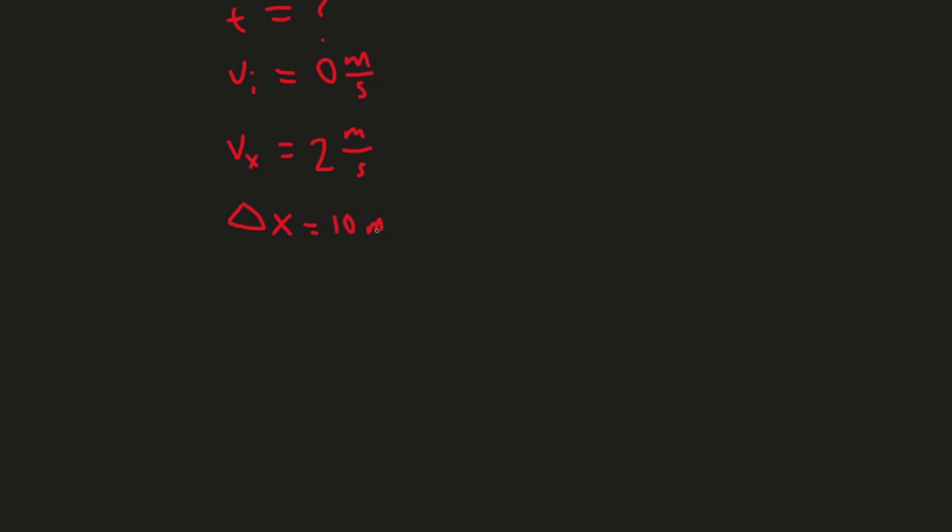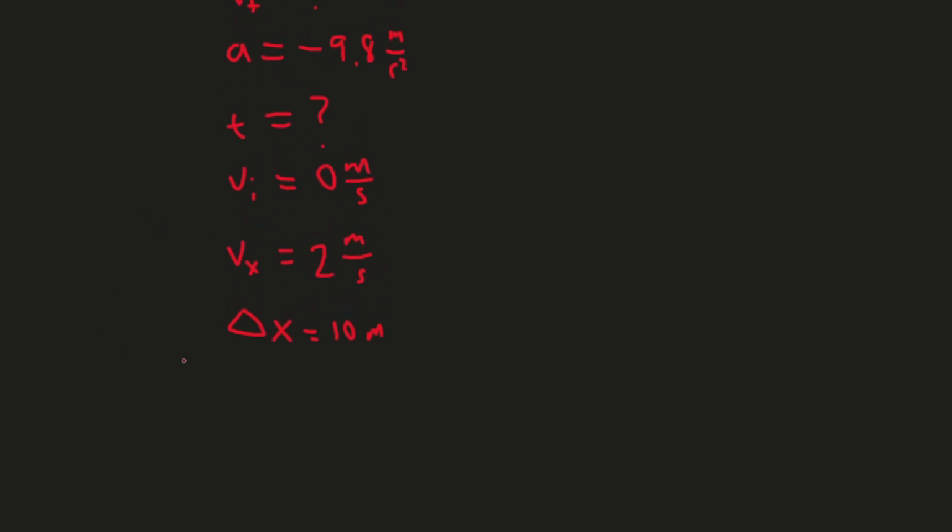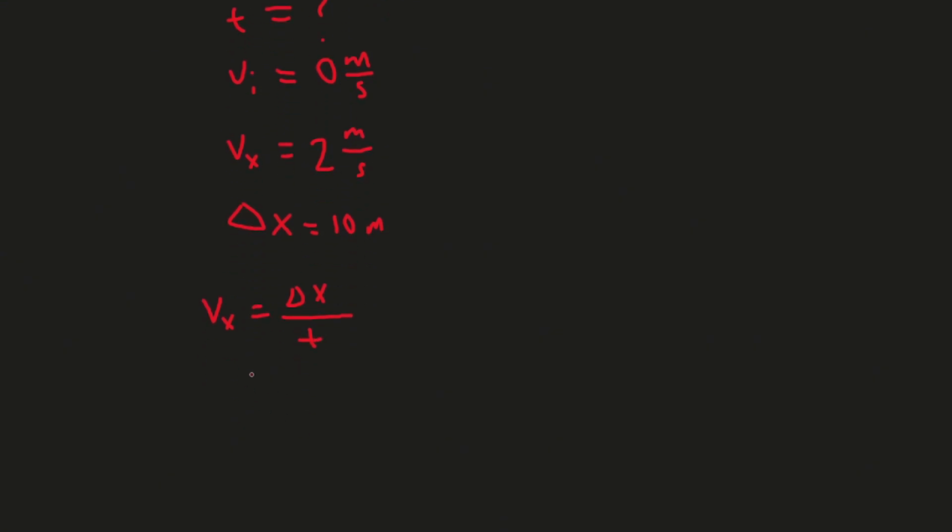Now that we know this, we can piece everything together. Let's start off with the velocity equation: velocity x equals delta x over time. We can rearrange this as time equals delta x over velocity in the x direction, which equals 10 over 2. If you want to write the units, that's a good thing to do: 10 meters over 2 meters per second.